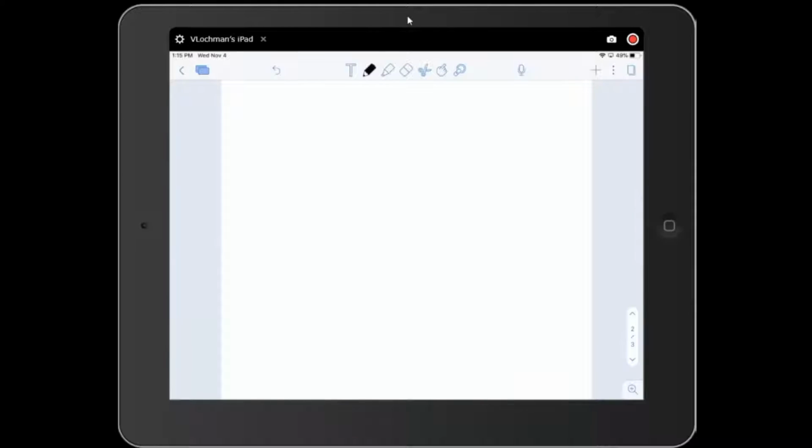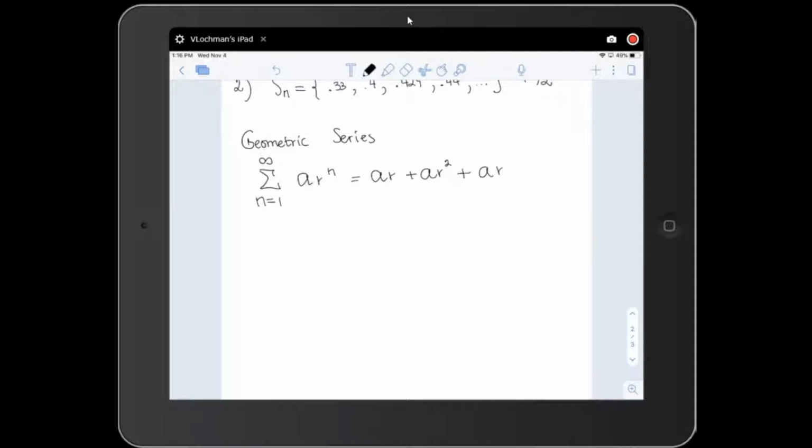Now, in this section, we're going to talk about very specific series, geometric series. What do they look like? It's the infinite summation of a times r to the n. So it's a r to the first plus a r to the second plus a r to the third power and so forth.